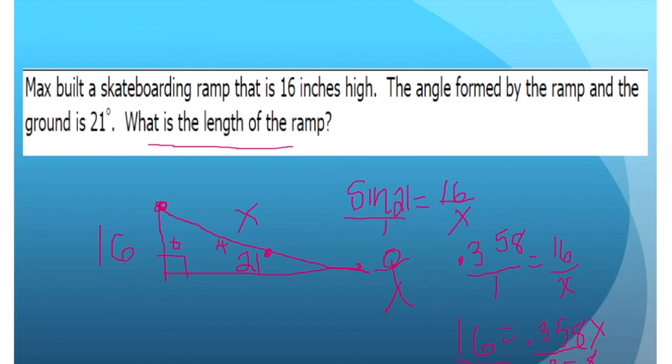And we get, x is equal to 44.7. So what's the length of the ramp? You got it, 44.7. All right, that concludes our trig. Make sure you study your ratios, sine, cosine, and tangent. So, soh, cah, toa. Until next time, see you then.